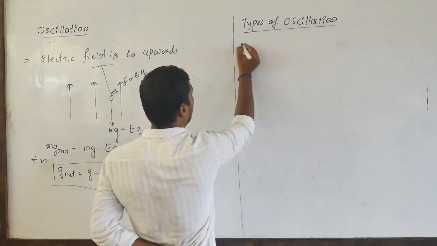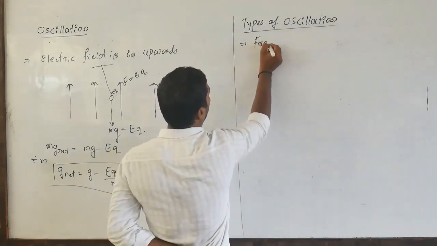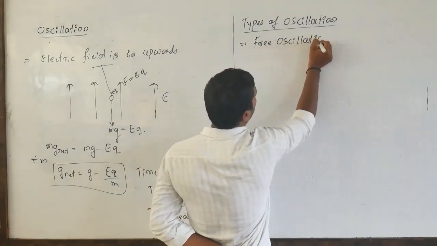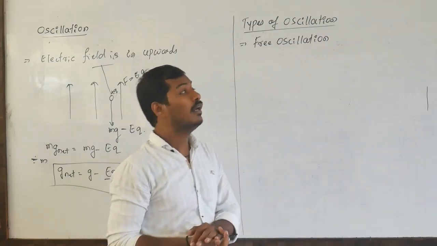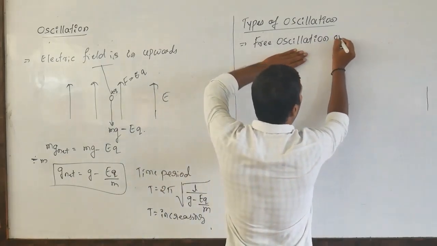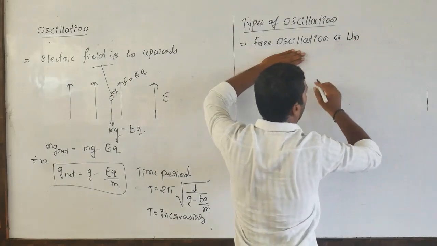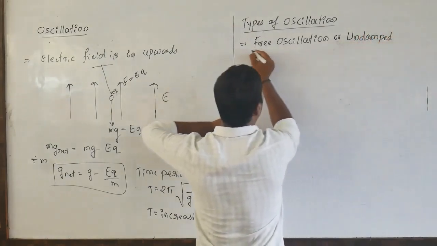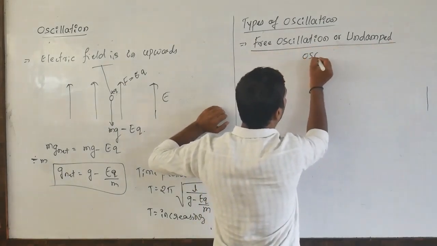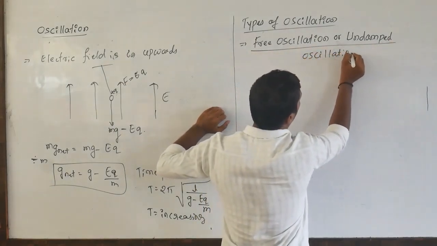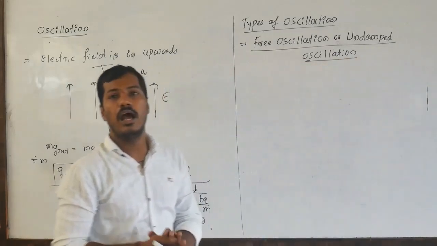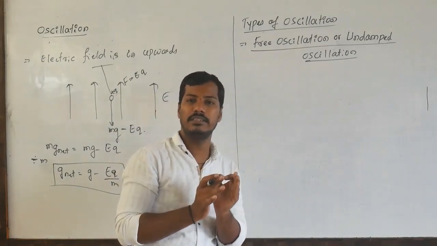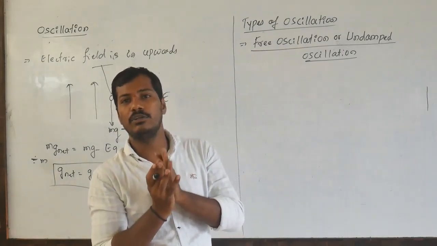First one is free oscillation, or it is also called undamped harmonic oscillation or undamped oscillation directly. Undamped means there is no change in amplitude, frequency and energy of the particle executing simple harmonic motion.